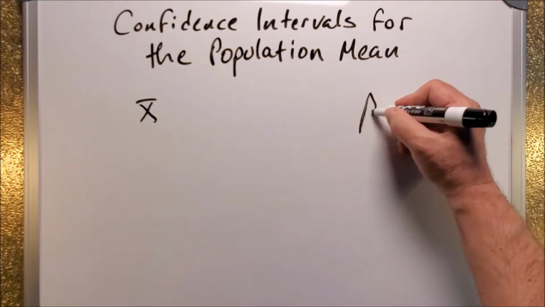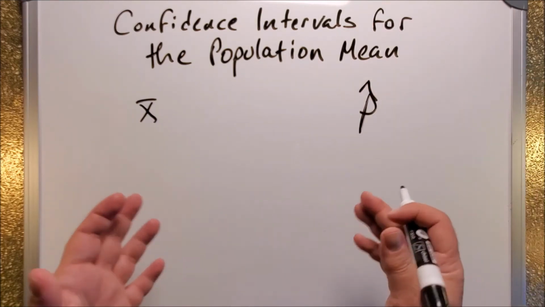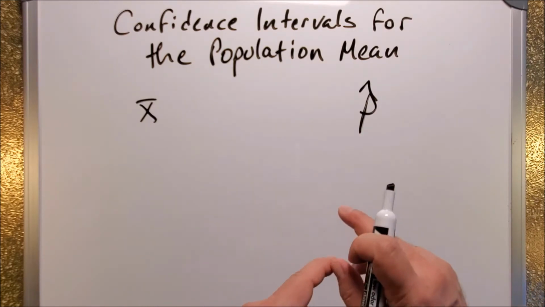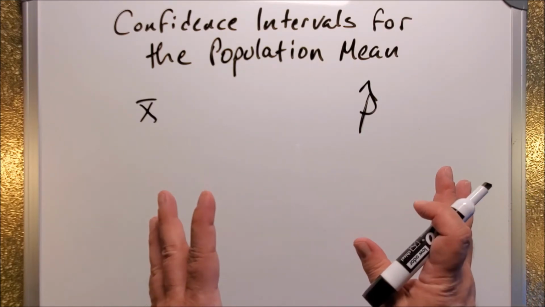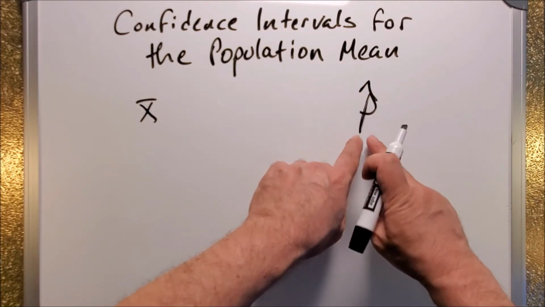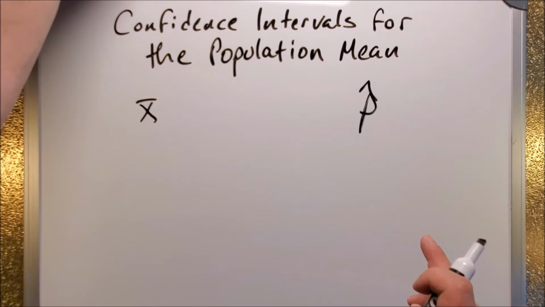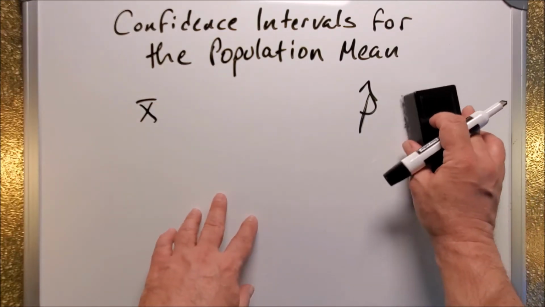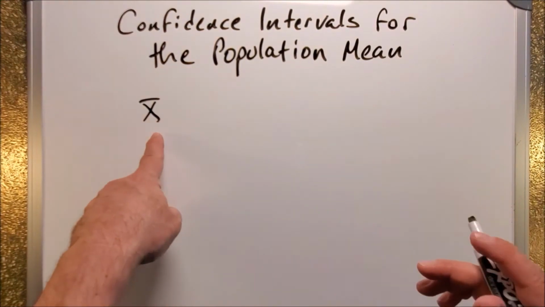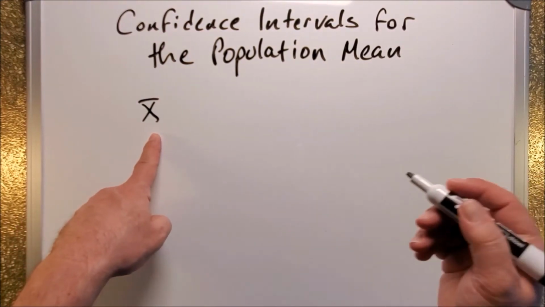Likewise, this is kind of like a keyword type of thing. If you're doing a problem and you're given the sample proportion, stop what you're doing. You're not doing a question that has to do with the population mean. Rather, you're doing a question involving the population proportion. We did that already, so I'm not going to go over that again. Right now we're doing confidence intervals for the population mean.